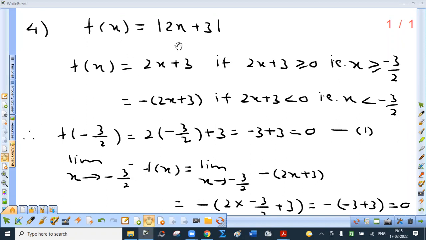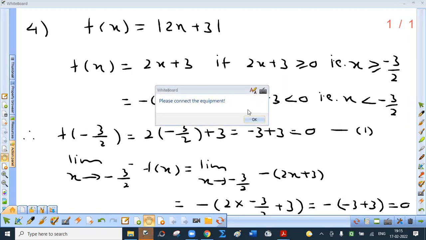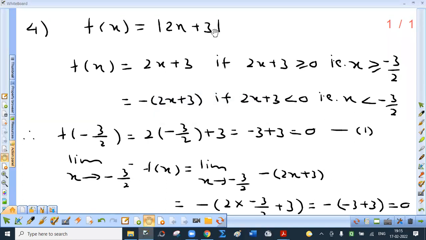See, f of x is 2x plus 3 when this part 2x plus 3 is non-negative. For example, mod 7 is 7. So mod x is x when x is greater than or equal to 0. Now instead of x, it is 2x plus 3. That is why I have written mod of 2x plus 3 is 2x plus 3 if this part is greater than or equal to 0.